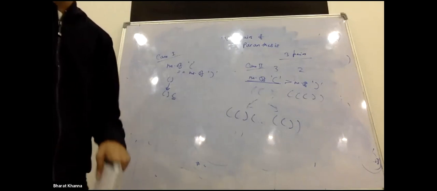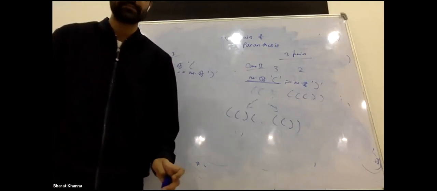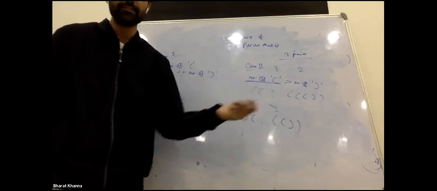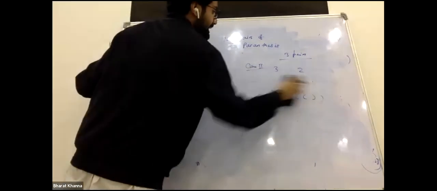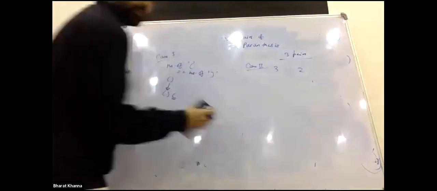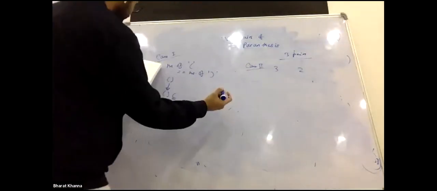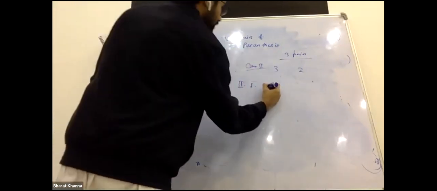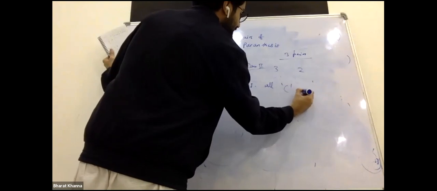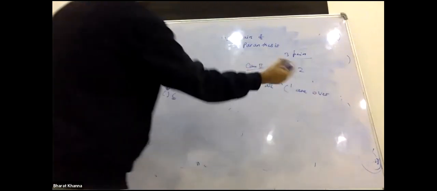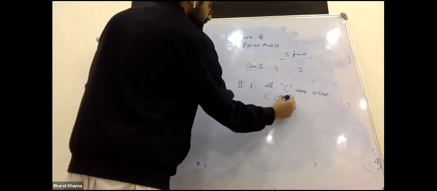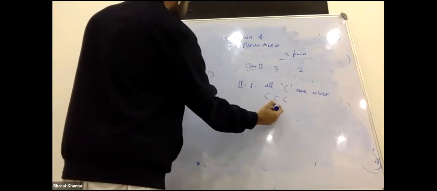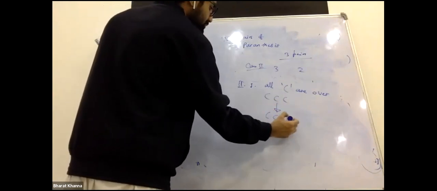How many of you are clear with what I said? Just say yes, those of you who are clear. When do I have one choice and when do I have two choices? Okay, awesome. So basically this case 2 boils down to two further cases. I write them as 2.1 and 2.2. In case 2.1, all my opening brackets are over. If they are over, then the only choice that I have is to put the next one as a closing one.